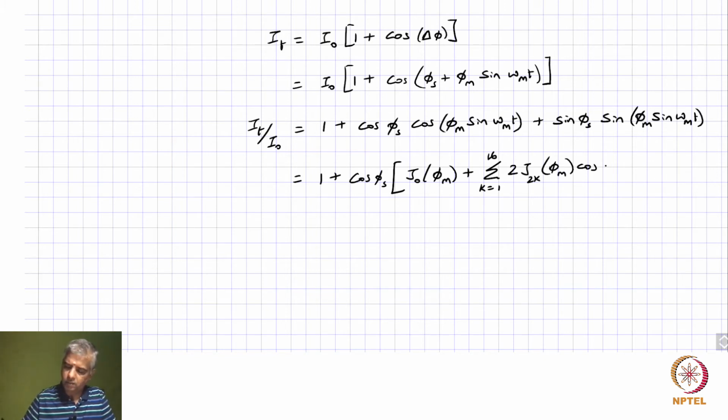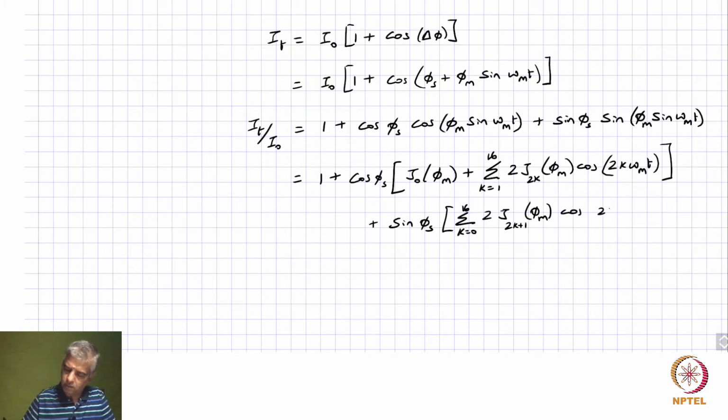and cos of 2k omega m t. So that's all the even terms, plus you have sine of phi s multiplied by summation of k equal to 0 to infinity of 2 times j 2k plus 1 of phi m, and then cos of 2k plus 1 omega m t.